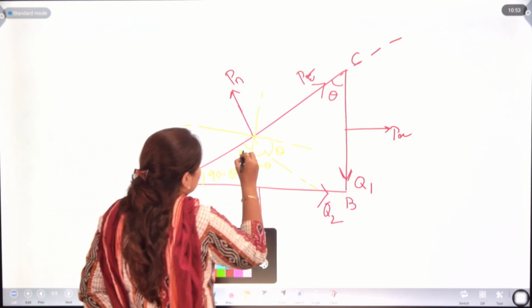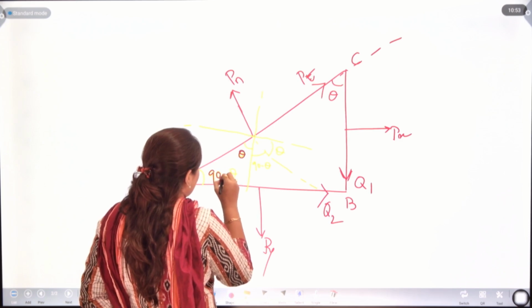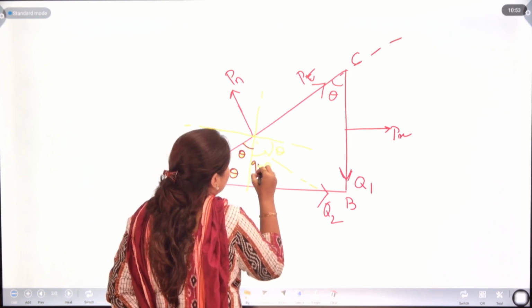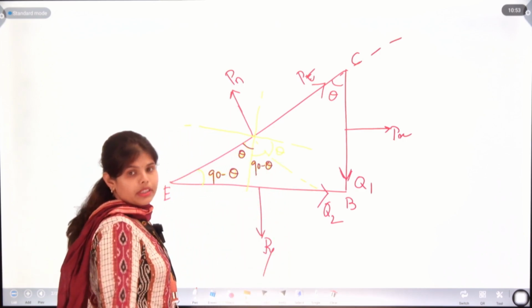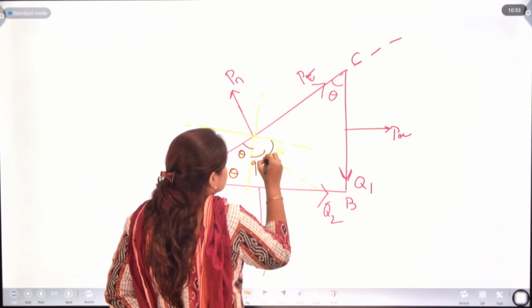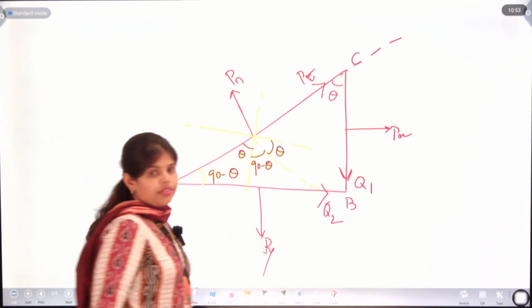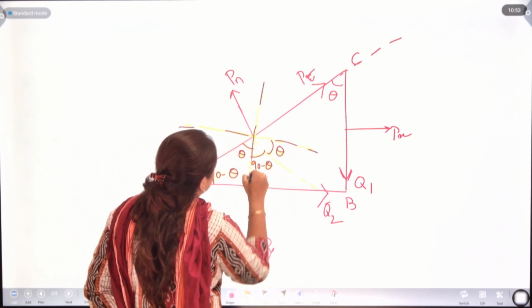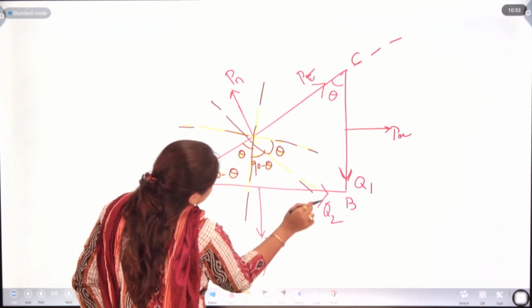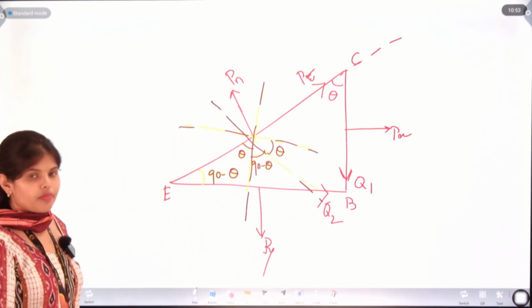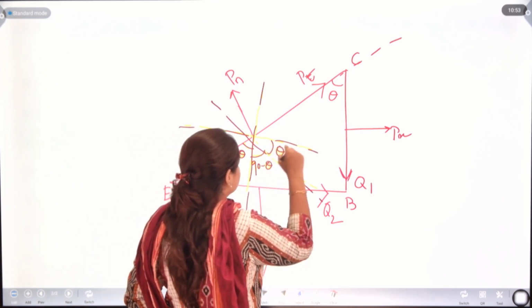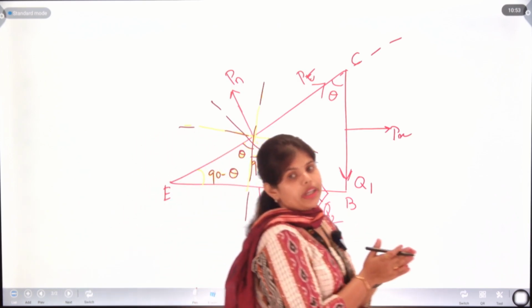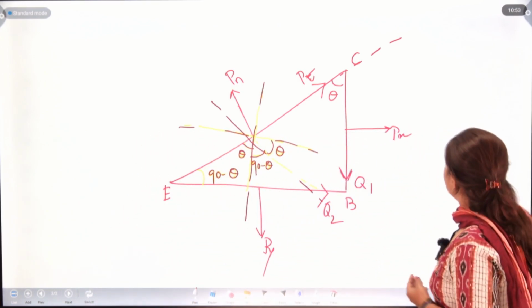In this way, we will have the angles. So, our main aim is to find out the components of four forces.